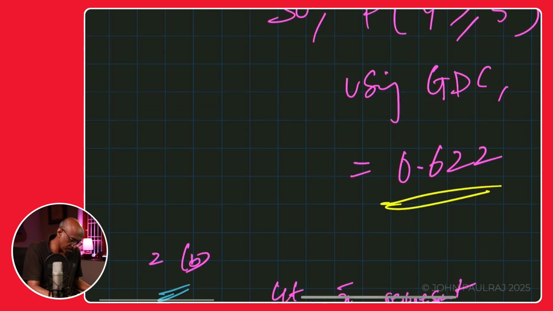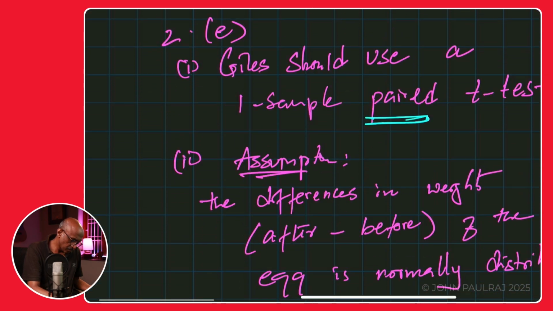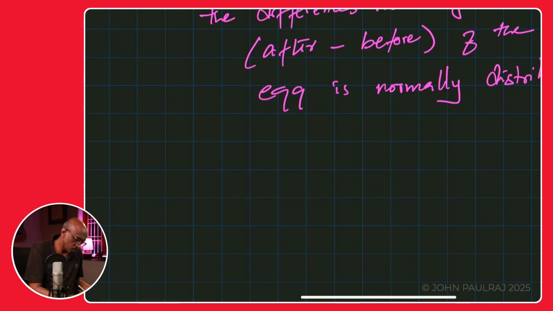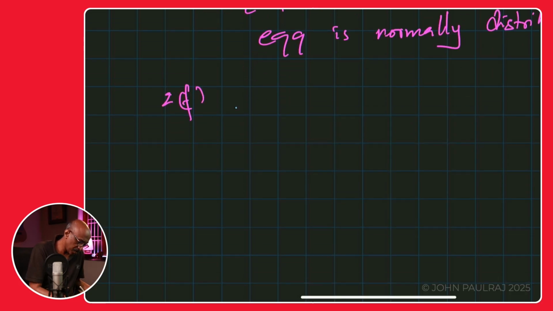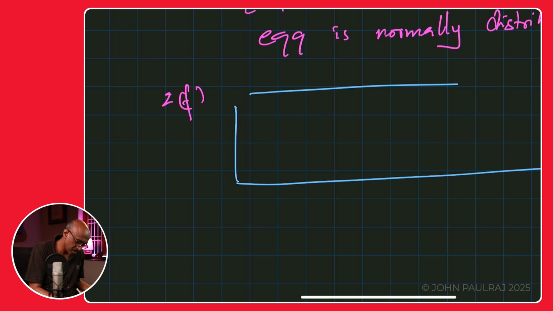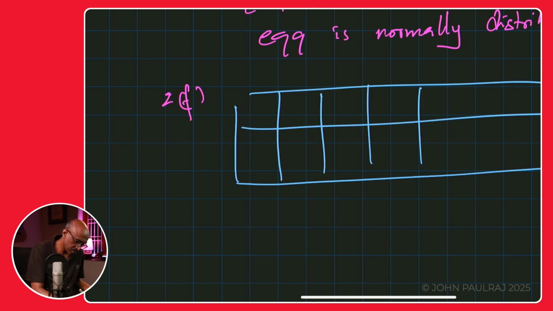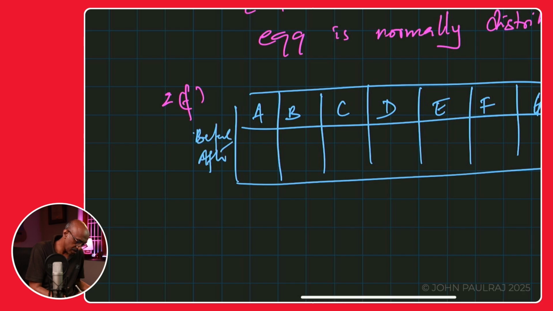Let's just lay down the answer. 2F. Okay, the first thing, as I said, make sure you copy down the table. I'm not going to do that. My videos are getting too long anyway. So that table, that A, C, D, E, F, G, H, and I'm talking about both the before, the after, and the differences.